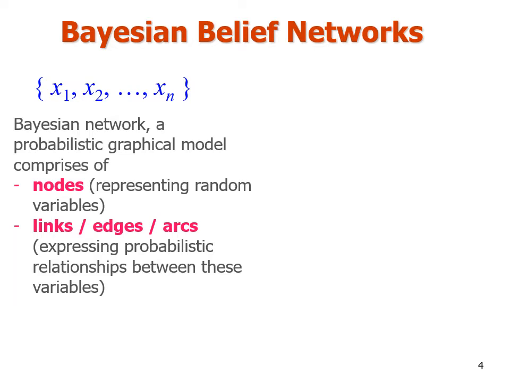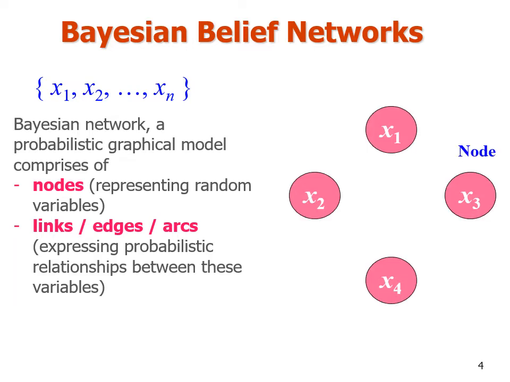These variables will form 4 nodes of the network. So here we can visualize these 4 nodes x1, x2, x3 and x4. Now we have the arcs in between the nodes. The arcs represent relations between the variables.